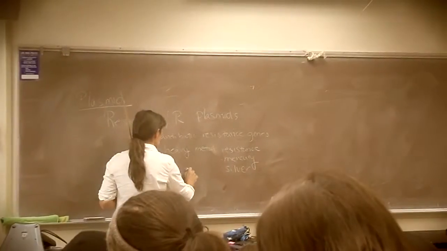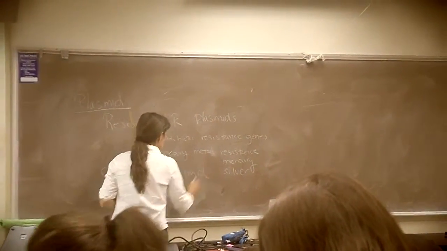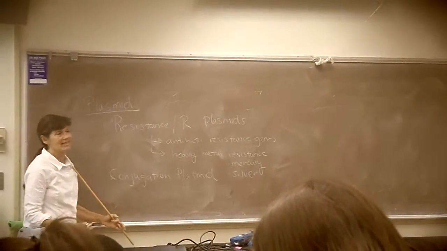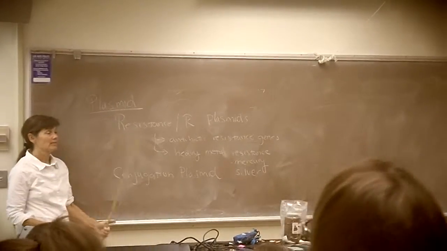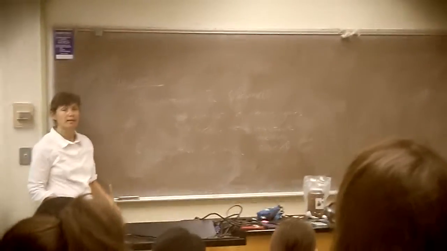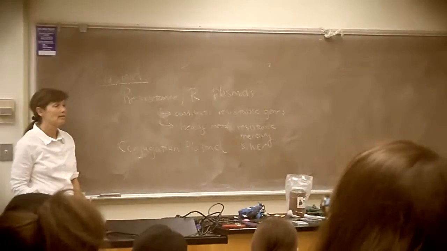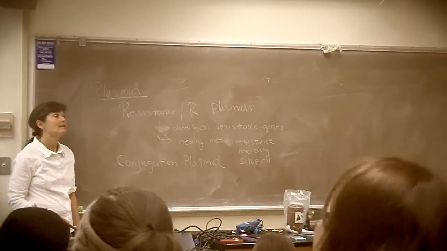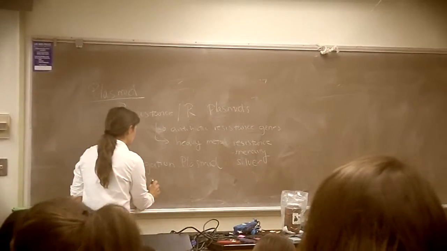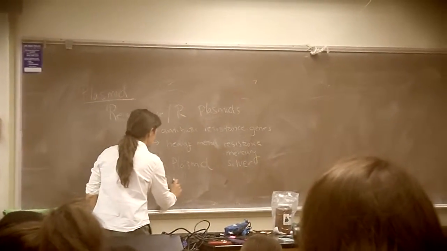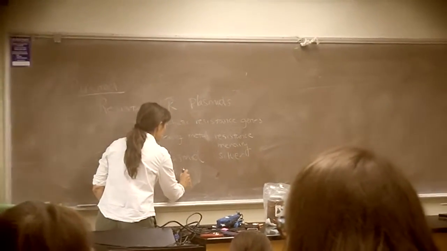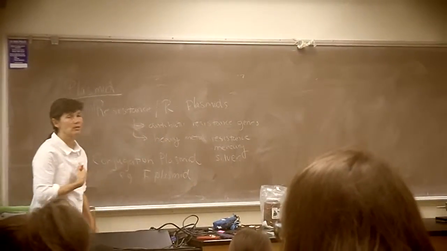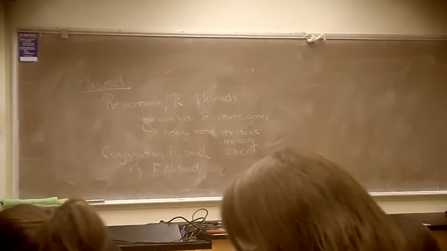Have we talked about a conjugation plasmid? We have, but we just didn't call it that. Can you think of a plasmid that we talked about that permits a bacterium to conjugate? Good. Is the F plasmid a conjugation plasmid? Does it carry the genes that permit the plasmid owner to conjugate?